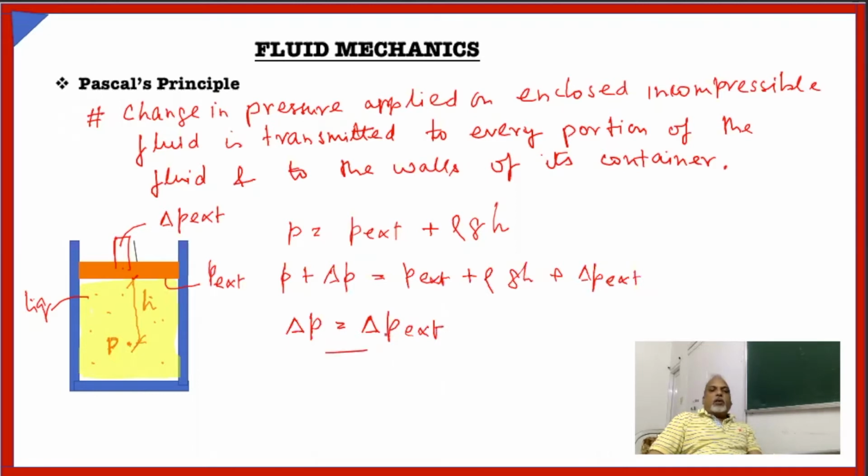Which proves Pascal's principle that if you have a change in pressure inside an enclosed fluid, provided the liquid is incompressible, then it is transmitted to every portion of the fluid, because delta P is not dependent on H or any other point specifically.